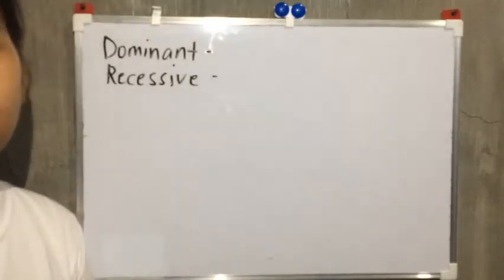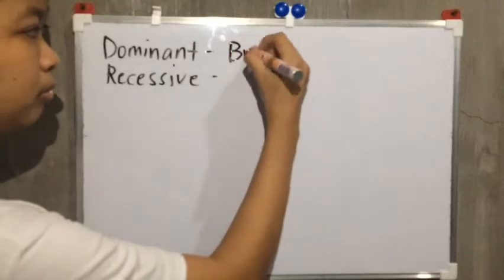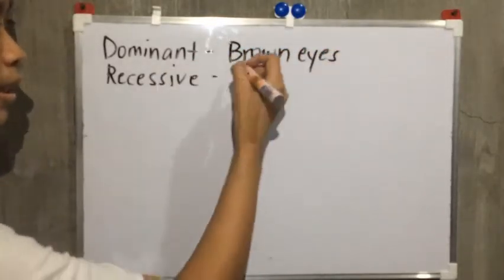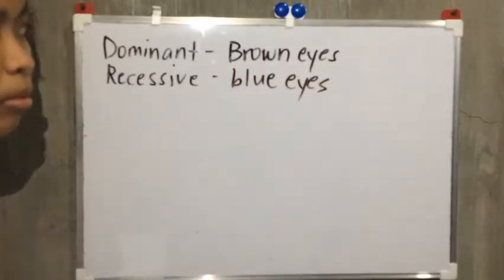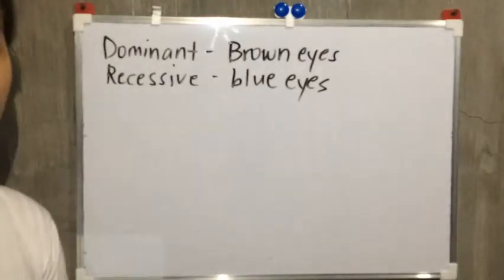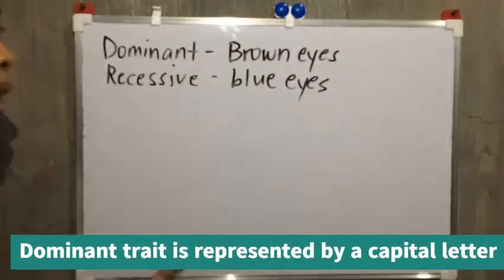It says that dominant is for brown eyes and recessive trait is blue eyes. Next, dominant has a symbol, or it is represented by a capital letter.